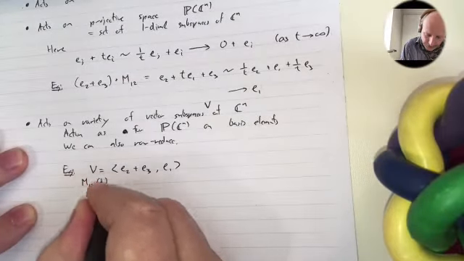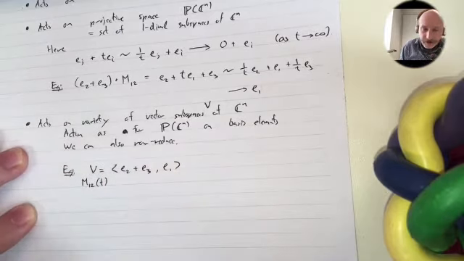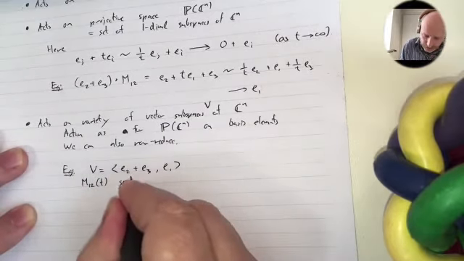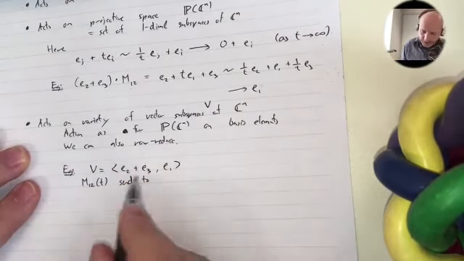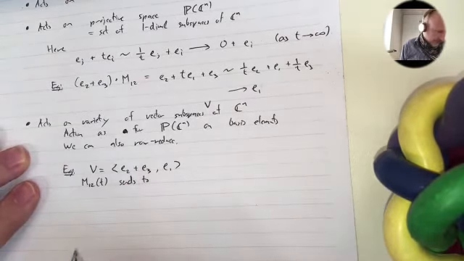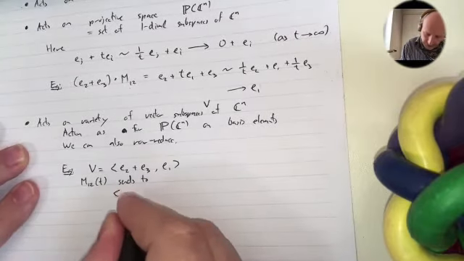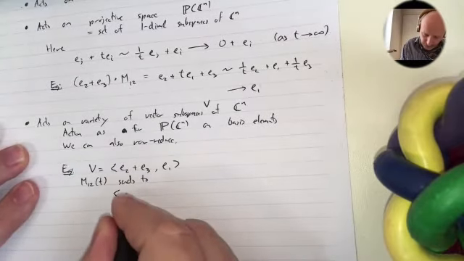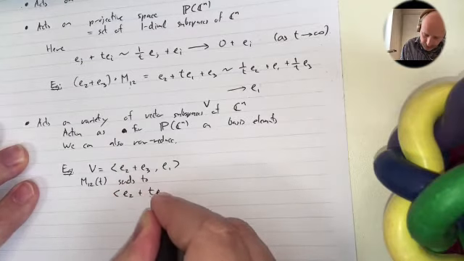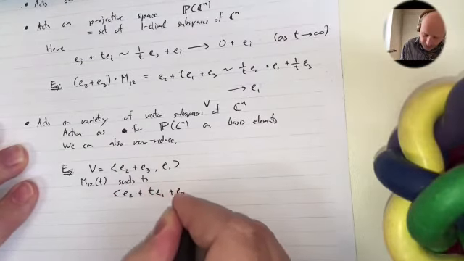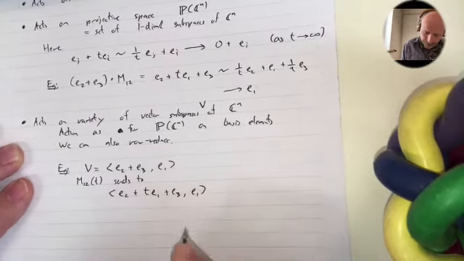And I'm going to take M12 of t and apply it, and this sends the basis elements to, well, we've done this before, E2 plus tE1 plus E3, and E1 is left alone.